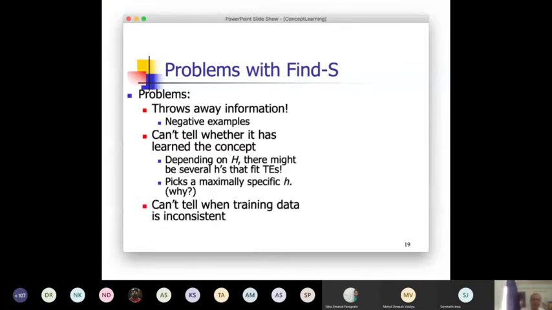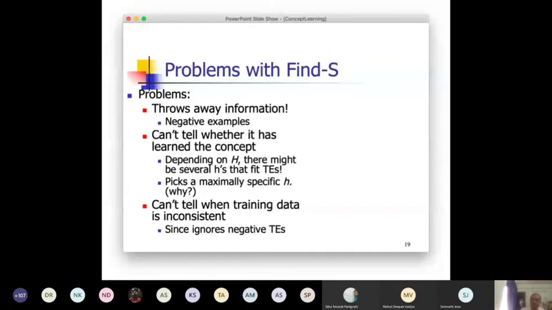That is the result. That is the least general, or maximally specific. Now, can it tell when training data is inconsistent? Since it ignores negative examples, if there is an inconsistency, it cannot check.